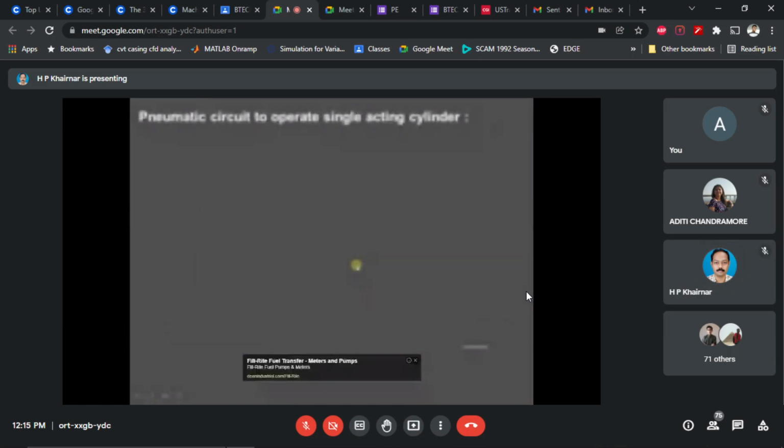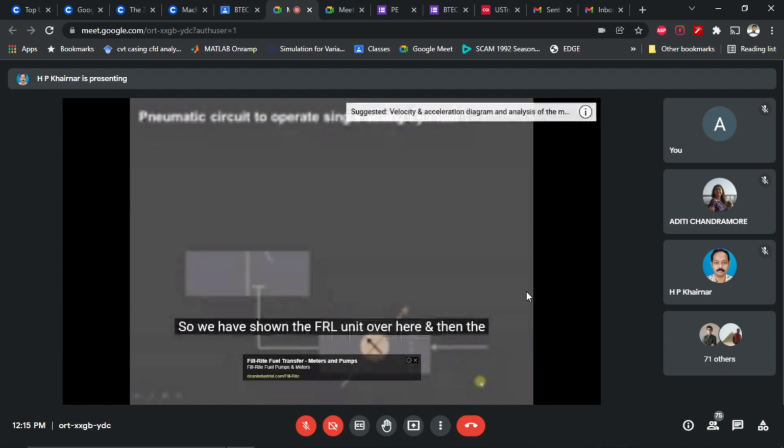First we'll draw the circuit over here. So we have shown the FRL unit over here and then the directional control valve.